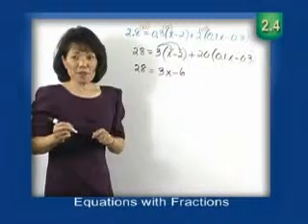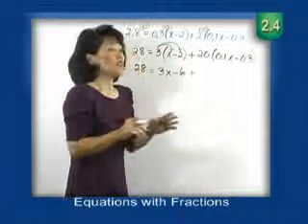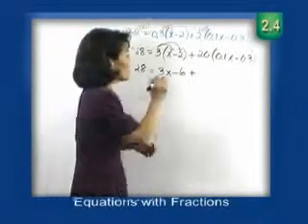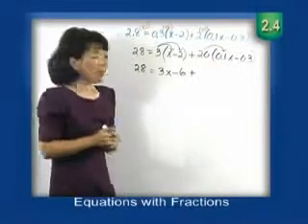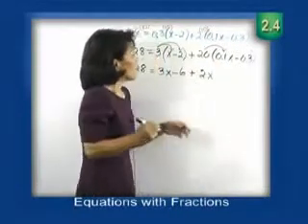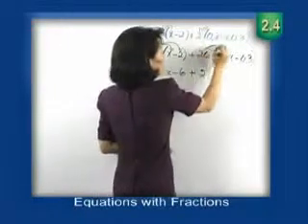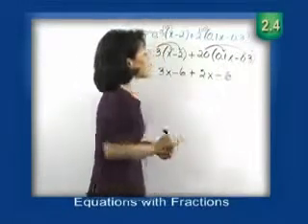So far, not too bad. Plus, now here's where I told you those decimal points are going to take care of itself. We're going to multiply 20 times 0.1x, which is going to give us 2x. And then we have 20 times 0.3, which is going to give me minus 6.